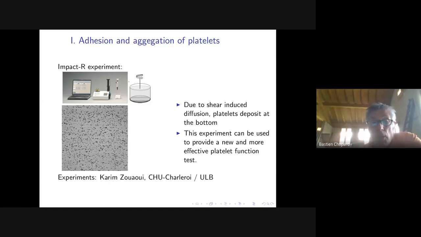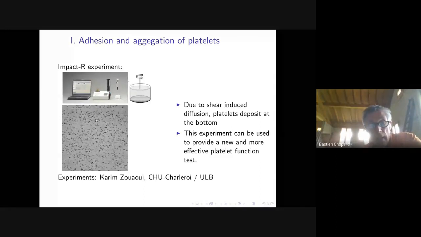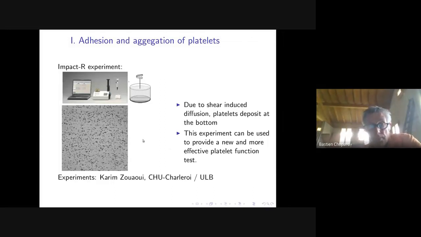So it's called shear-induced diffusion due to red blood cells. As a result, the platelets go down and form little aggregates like this. Each point you see is a platelet which sticks on the bottom part. And the idea is that we can detect if platelets are dysfunctioning or not. So it's a clinically relevant test that you do.